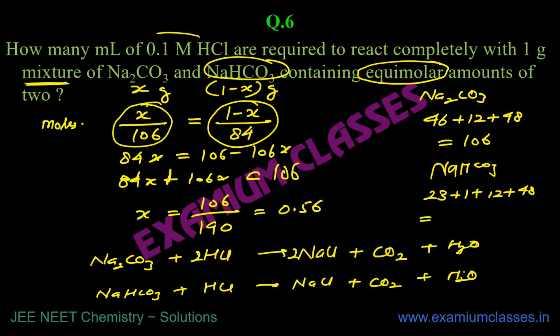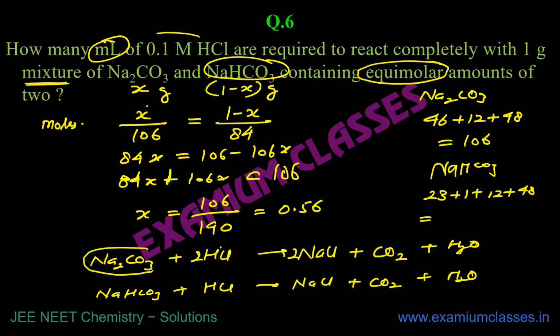The question is, how many milliliters of 0.1 M HCl are required to react completely? It means I need to know how many moles of HCl in total will be required. I know that I have a few grams of Na2CO3 and a few grams of NaHCO3. From there, I will calculate the moles, because I know the stoichiometric ratio: 1 mole of Na2CO3 reacts with 2 moles of HCl.